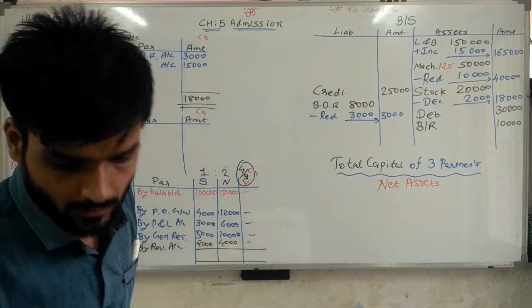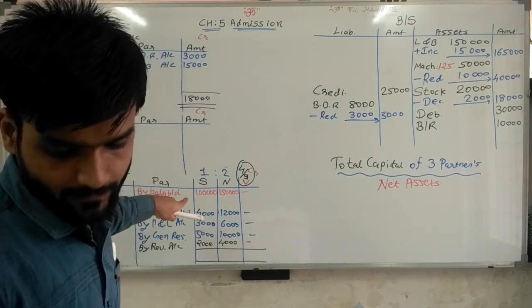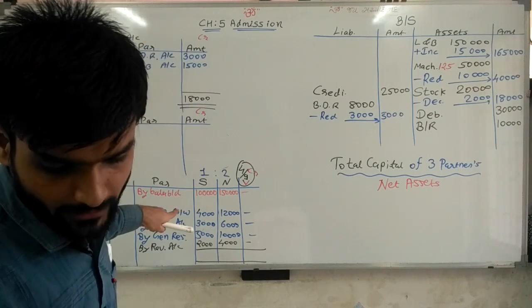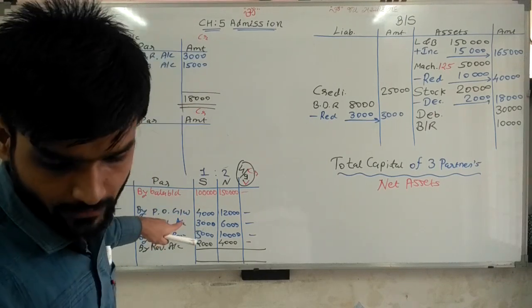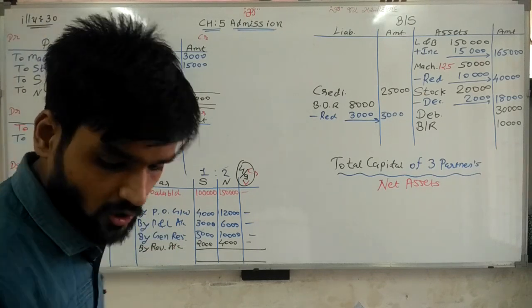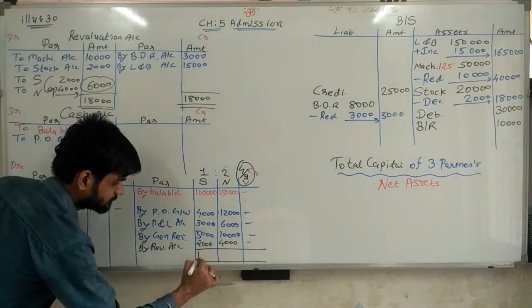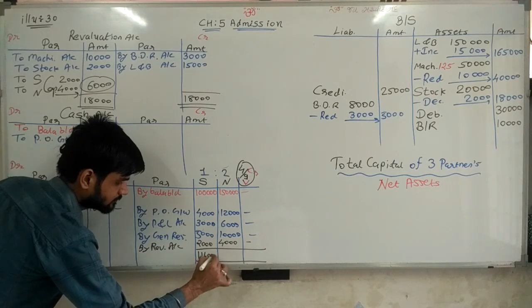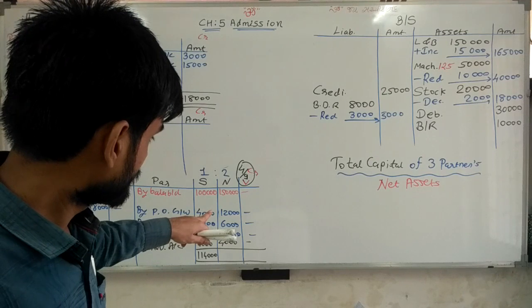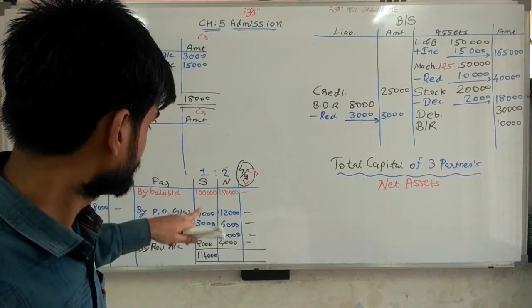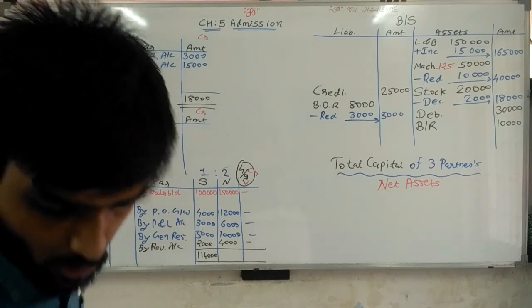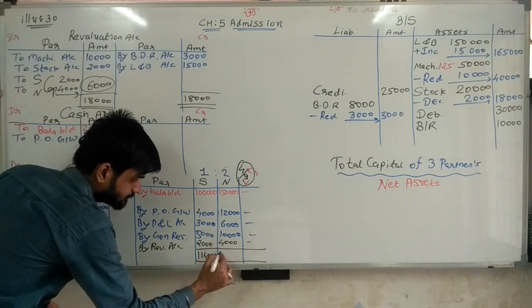So 1 lakh rupees, 4,000, 3,000, 5,000 and 2,000. Total of it is 1,14,000. Going ahead, 150,000, 12,000, 6,000, 10,000 and 4,000. Total is 182,000.